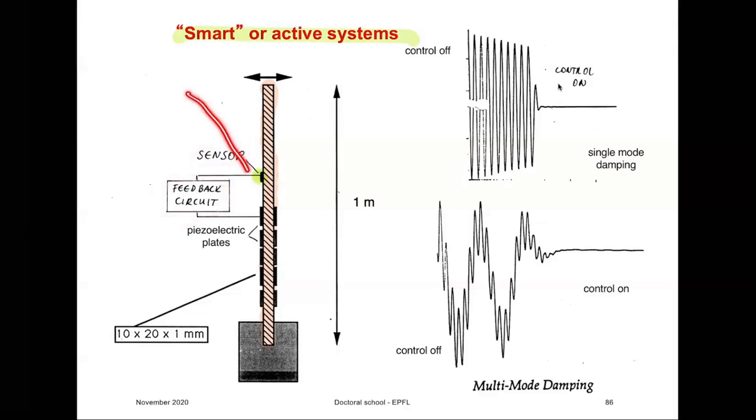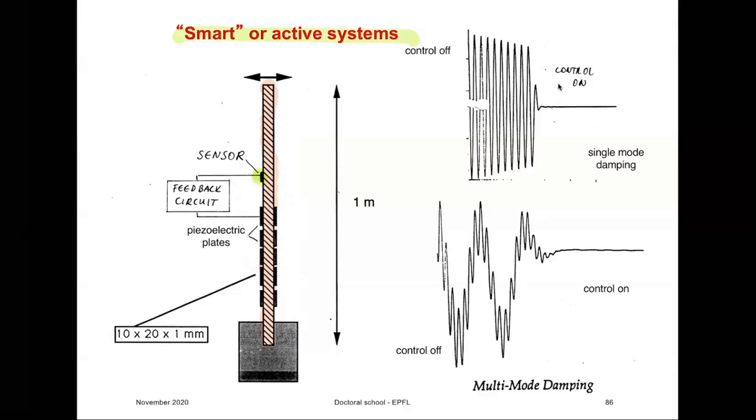So if this bends, there will be compressive forces on these actuators. And then the sensor tells those actuators, because it knows that the beam is under compression, to apply tension, to expand. And an opposite signal on the other side, because if this side is under compression, then this side here will be under tension. So you want to compress these and put under tension these piezoelectric elements, and that will stop this element from moving.